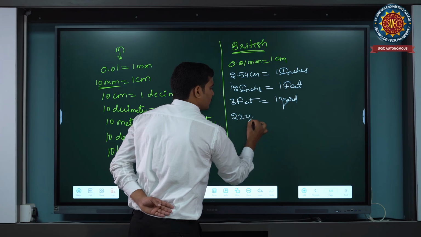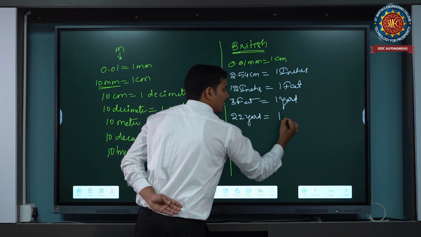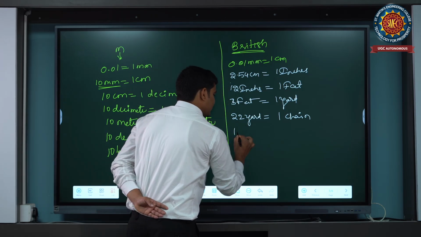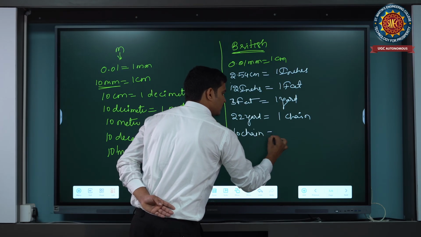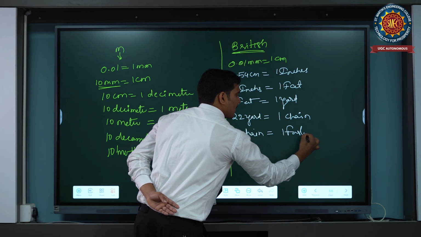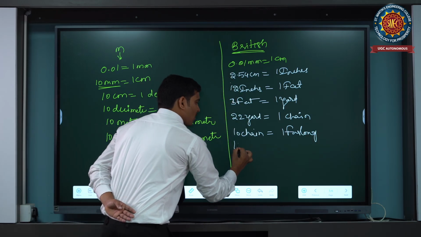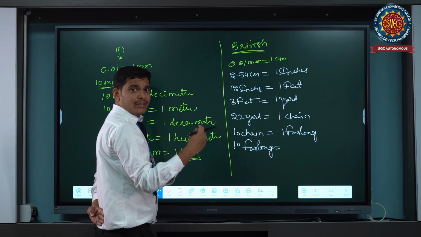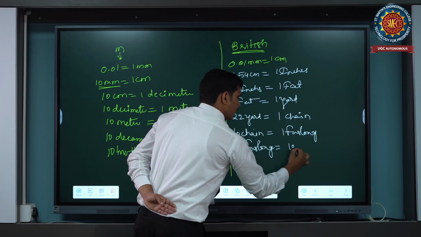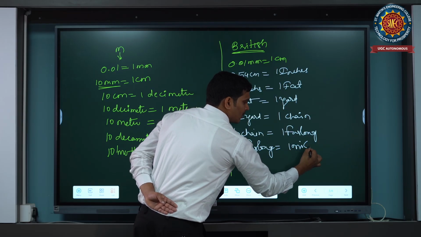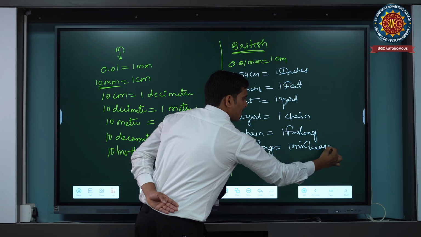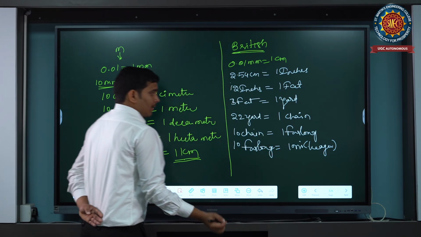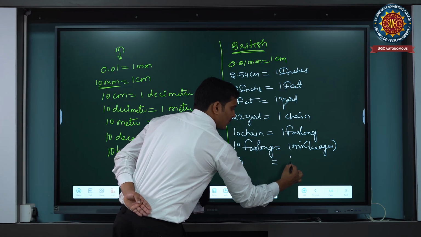22 yards equal to 1 chain, and 10 chains equal to 1 furlong. 10 furlongs equal to 1 mile, and 3 miles equal to 1 league.